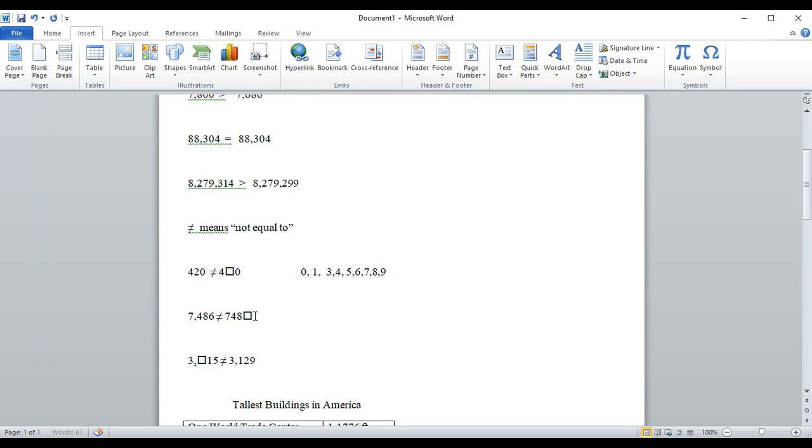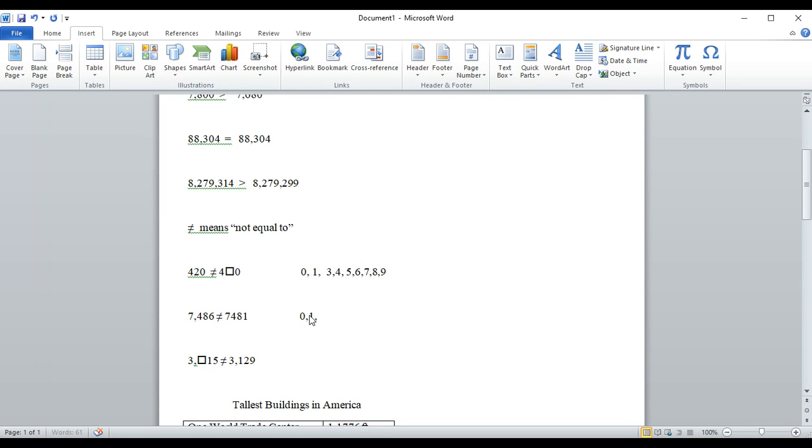So again, I'm going to start with 0 and ask myself this. 7,486 is not equal to 7,480. That's correct, which means I can put down the 0. Then I'm going to change it to 7,486 is not equal to 7,481. Again, that's true, so I can put the 1 there.